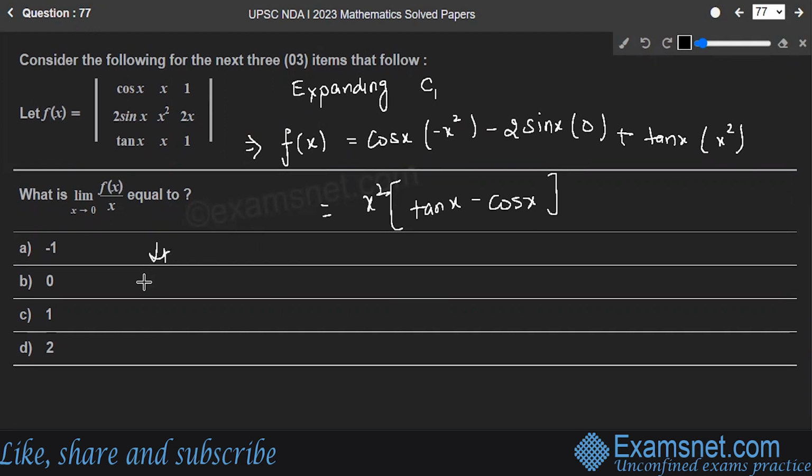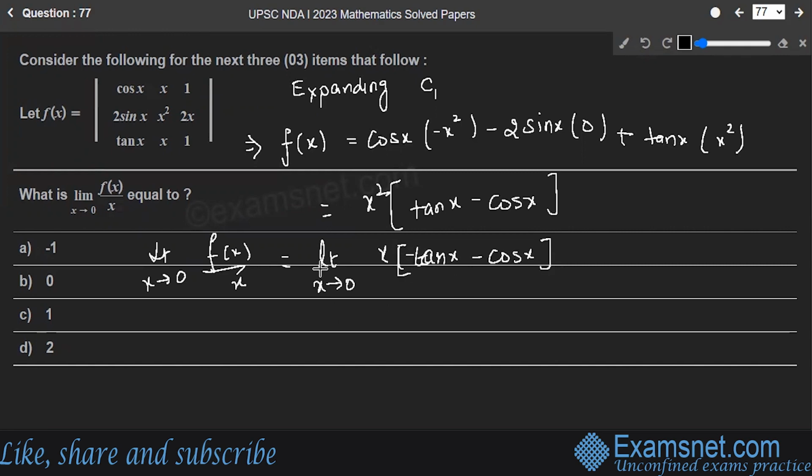Now limit x approaching 0 of f(x) upon x is equal to limit x approaching 0 of x square; this will cancel out actually, and you will have x into tan x minus cos x.